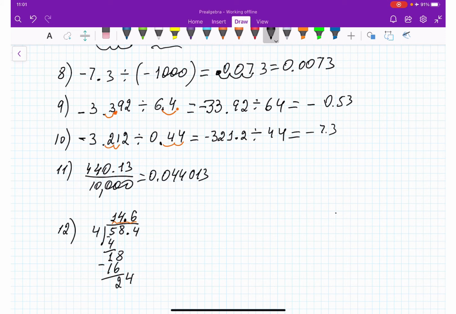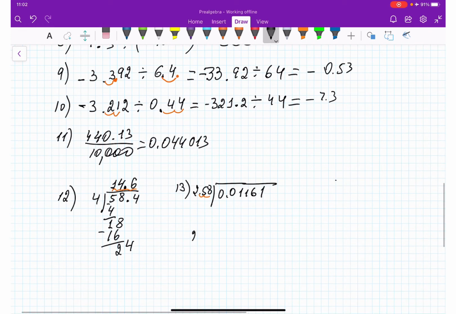Question number 13. We have 0.01161 dividing by 2.58. All right, so since we have here 2 decimal positions, I'm going to rewrite 258, right?